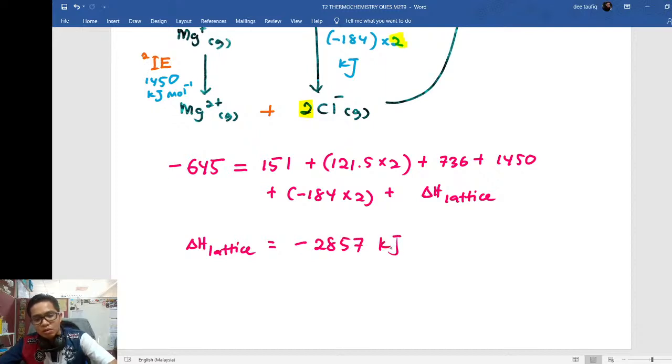Unit is kilojoule per mole. Okay, dapat?